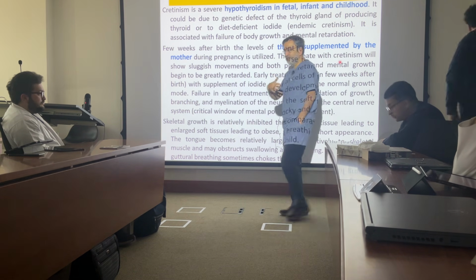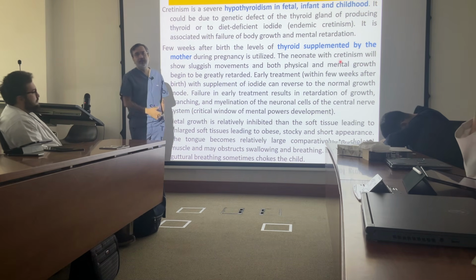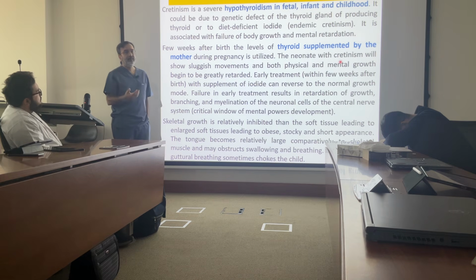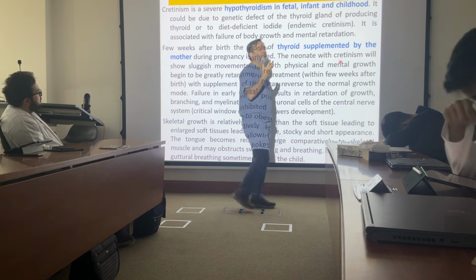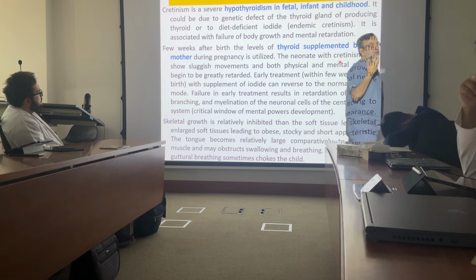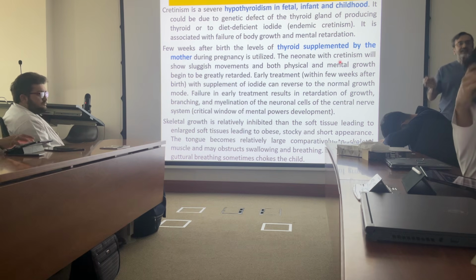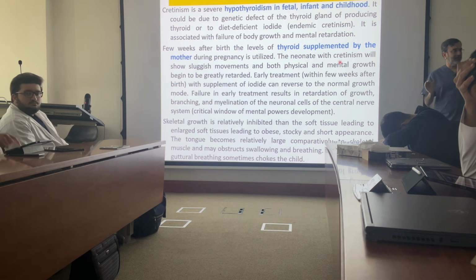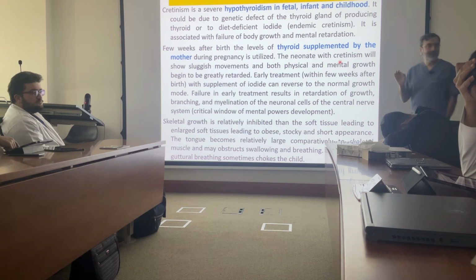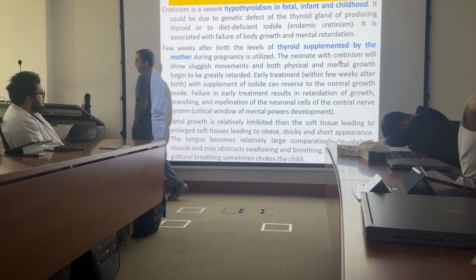The tongue is enlarged and there is a protruded belly in the infant. But the major problem with cretinism is mental retardation, so you want to avoid cretinism in all children. At the time of birth, you check thyroxine levels of the child, because if they are low, you need to supplement thyroxine in the child because you don't want mental retardation to happen.